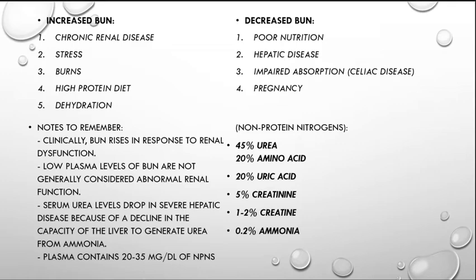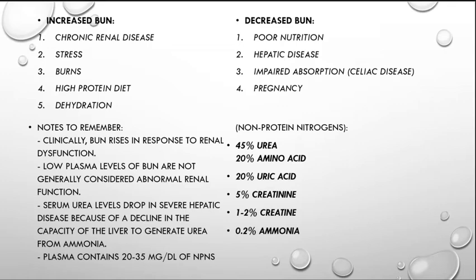So sa decreased BUN nato, kay poor nutrition, hepatic disease, kay 'di ba your BUN is from your liver, 'di ba? As what I've mentioned kaniha. And then we also have impaired absorption or your celiac disease.